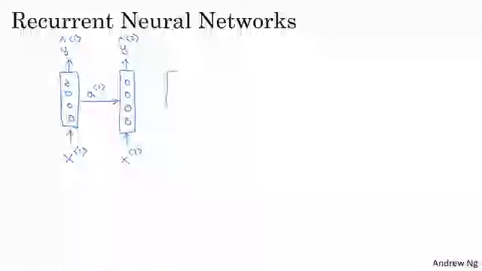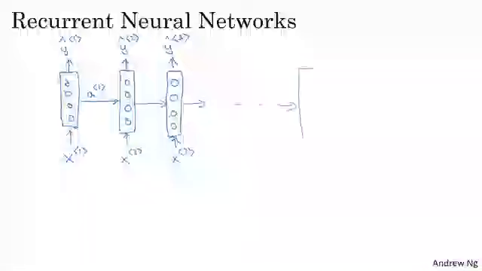And then at the next time step, a recurrent neural network inputs the third word x3, and it tries to output some prediction, y hat 3, and so on, up until the last time step where it inputs x_Tx, and then it outputs y hat_Ty.